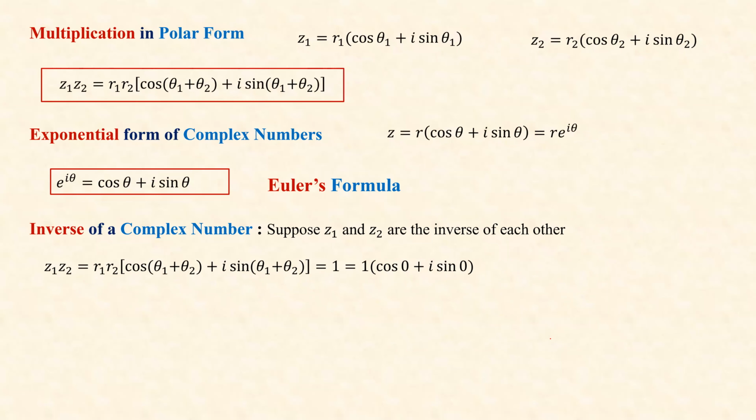Then z1 times z2 becomes like that from the formula above, and if they are inverses of each other, it equals 1. So z1 times z2 equals 1. And 1 can be written with a modulus of 1 and argument of 0, meaning r is 1 and theta is 0.